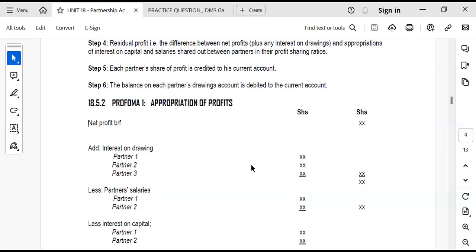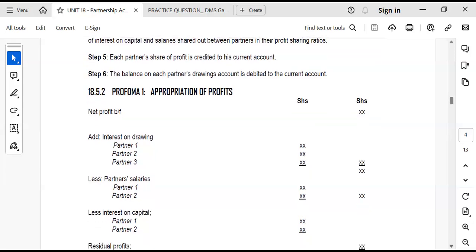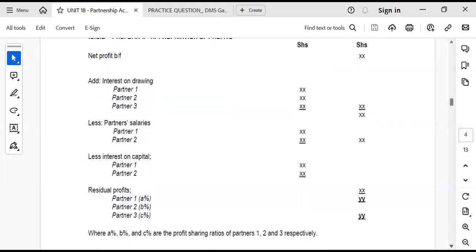And then after we have gotten our net profit plus our interest, we shall remove the partners' salaries in case there are those partners that are asking to be paid. After we have removed the partners' salaries, we shall also remove the interest on capital. That is going to reduce the money that the partners are supposed to be receiving.